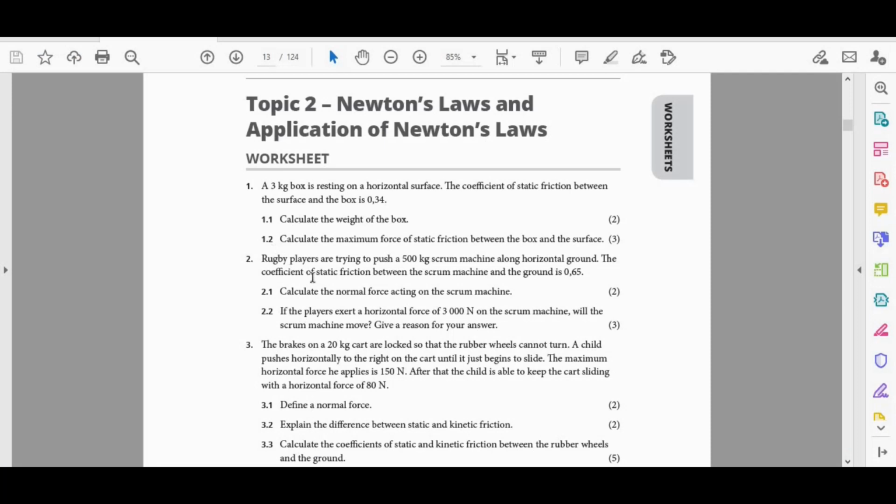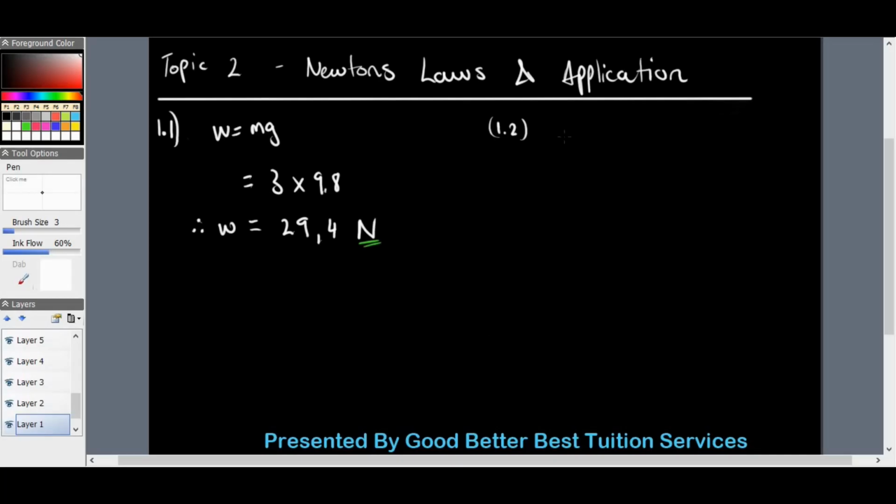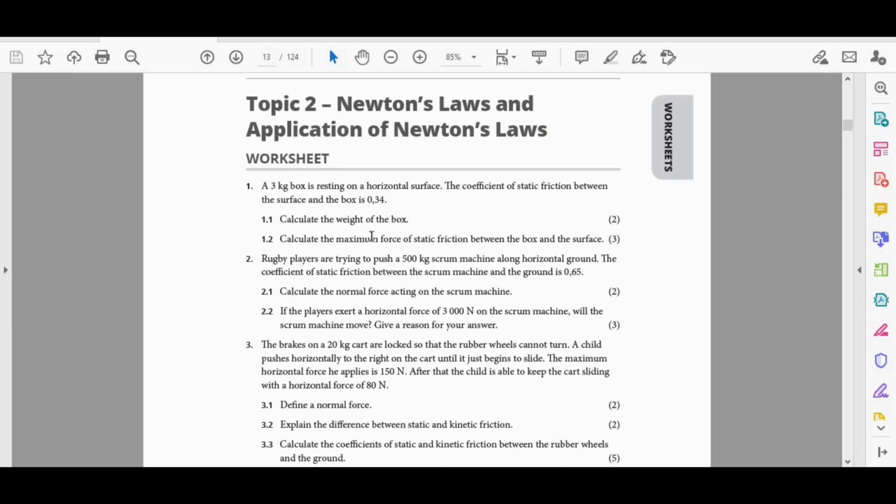Let's have a look at the second question. The second question, 1.2, is calculate the maximum force of static friction between the box and the surface. Now that's for 3 marks. So what we should remember from previous lessons, especially those who are busy with frictional force right now, is that static friction is the first thing we need to have identified there, because the coefficient of static friction is 0.34.